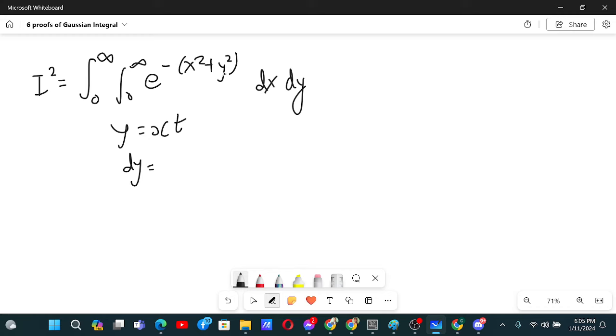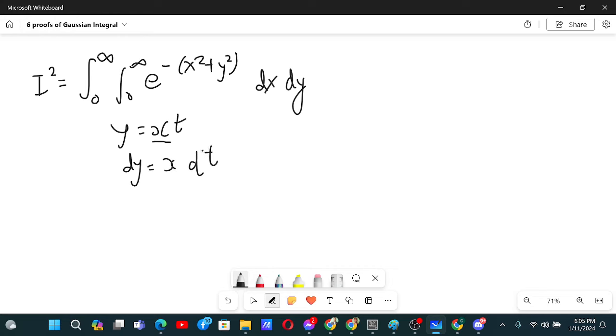If we substitute y as xt, we will have dy equals t times dx. But over here you want to change it to t, so x will be constant for some time, so you will have x times dt.